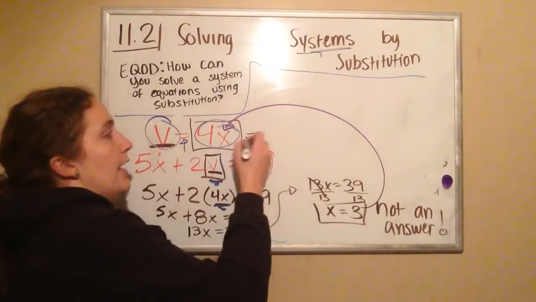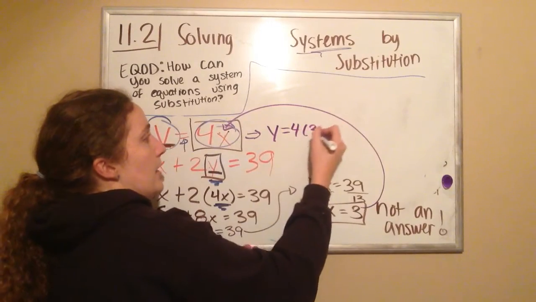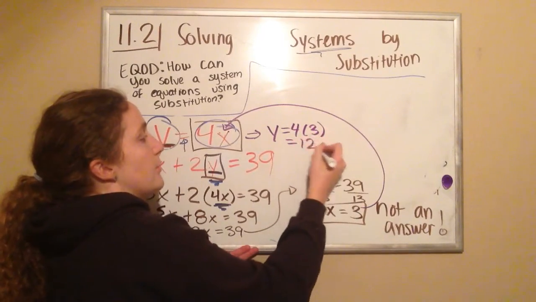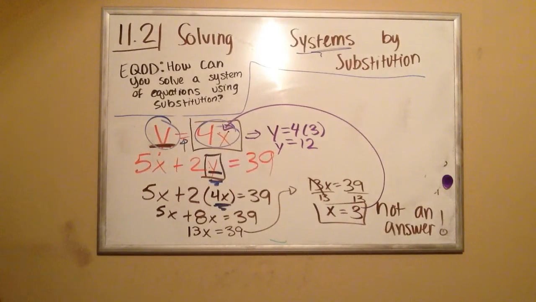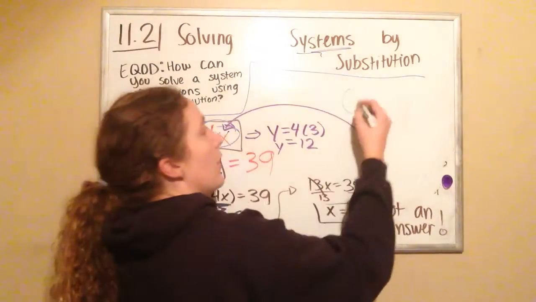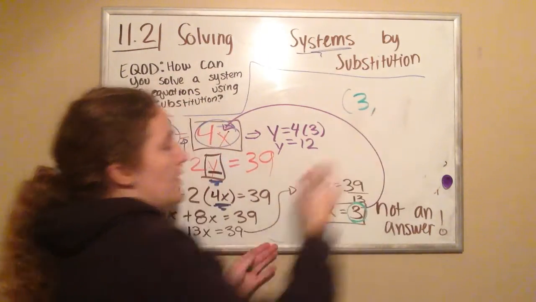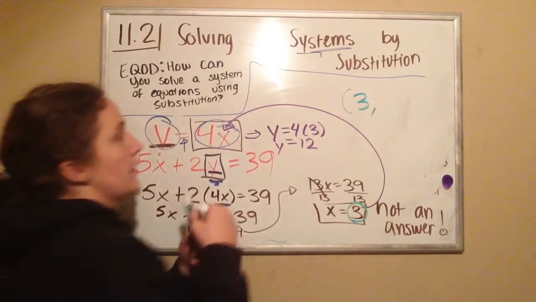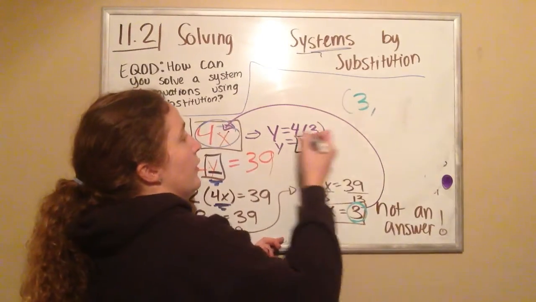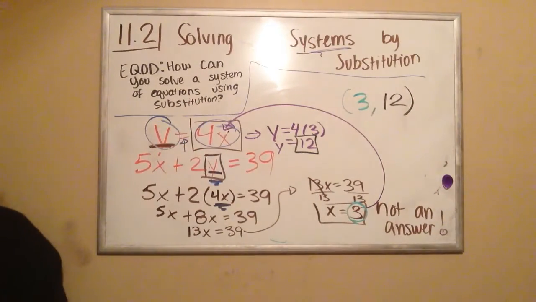When we do that, we get y is equal to 4 times 3, which means y is equal to 12. So we have enough to get our answer now. Our answer would be 3, that's our x, comma, 12, that's our y, as our x, y coordinate pair.